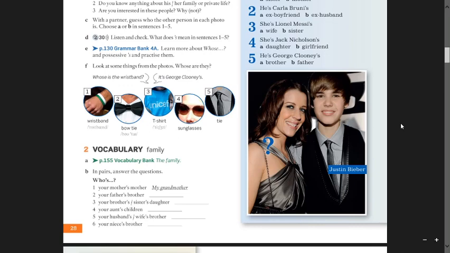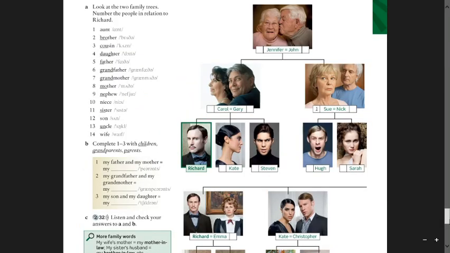Then in activity B, you have to complete 1, 2, 3 with the words children, grandparents, and parents. Well, here you have more family words, so read this, and then you have to ask and answer questions about the family tree, in pairs. But this will be done when I call you tonight.